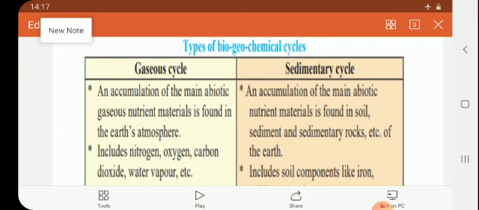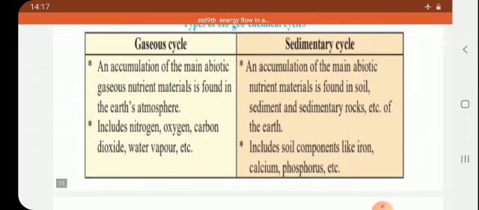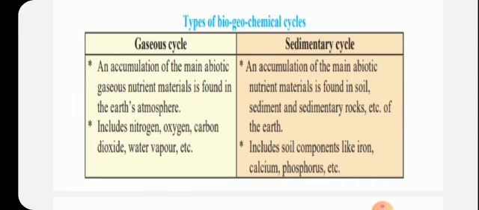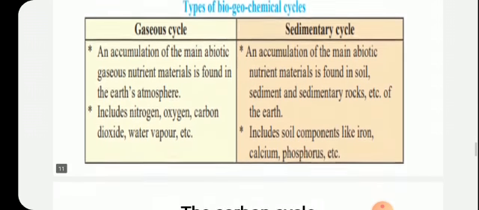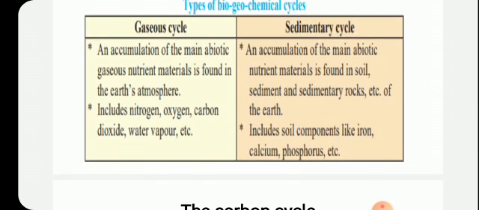Then sedimentary cycle. In the sedimentary cycle, the solid substances which are present in the nutrients are called sediments, and those solid substances are also cycled, means passed from one stage to another. It includes soil components like iron, calcium, phosphorus.